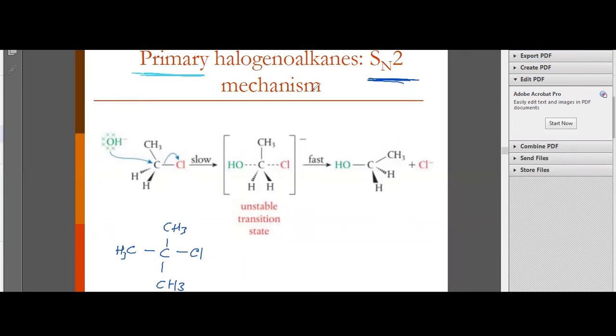Once again, this is about steric hindrance. You can see that CH3 is a large group: Cl, CH3, CH3. There are many large groups at the surrounding of the C positive. So there is no way for OH minus to reach this C. If you draw it not in a condensed structure, you can see what I mean.